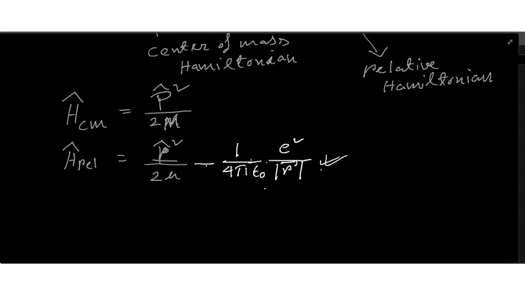So overall, what have we accomplished? Hydrogen is a two-particle system. However, by a smart choice of coordinates, we have shown how we can reduce the problem to the study of the relative motion of the two particles, and this relative motion is described by the Hamiltonian here that looks like the Hamiltonian of a single particle.